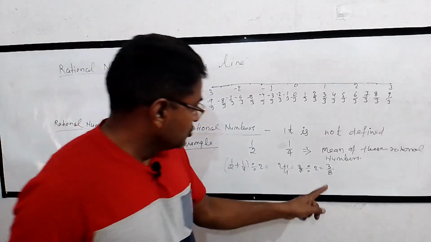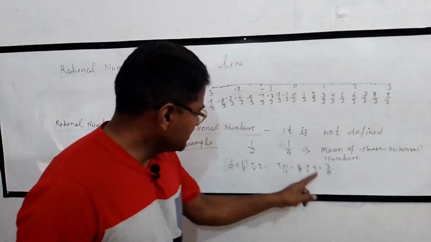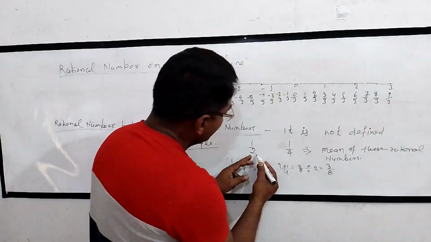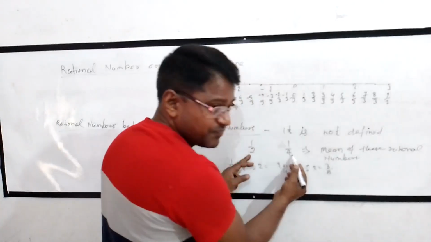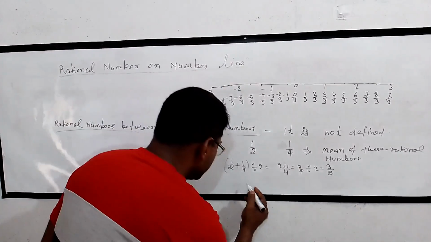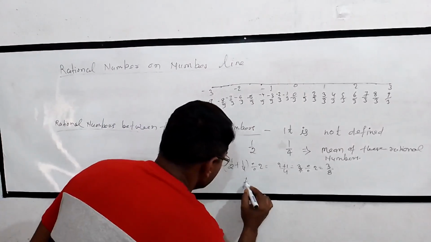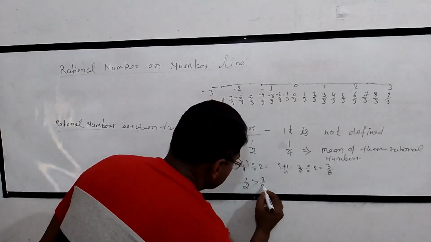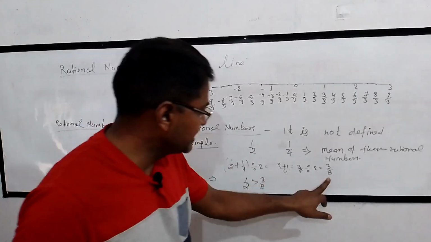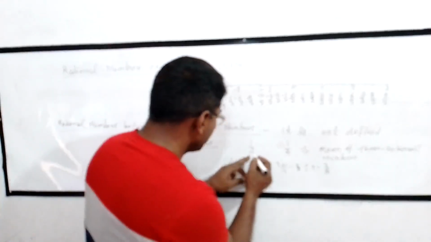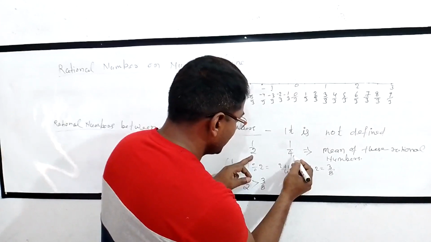Now this is the mean. It means that 3 by 8 lies in between 1 by 2 and 1 by 4. So it is showing that 1 by 2 is greater than 3 by 8. Why? Because 3 by 8 is between 1 by 2 and 1 by 4.